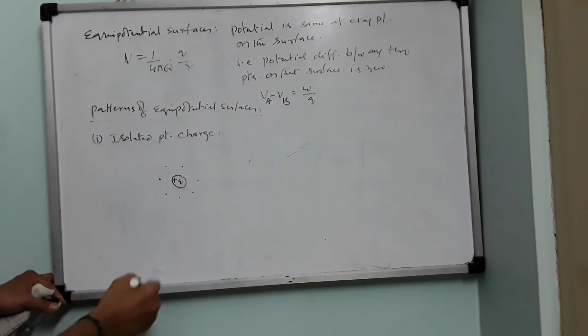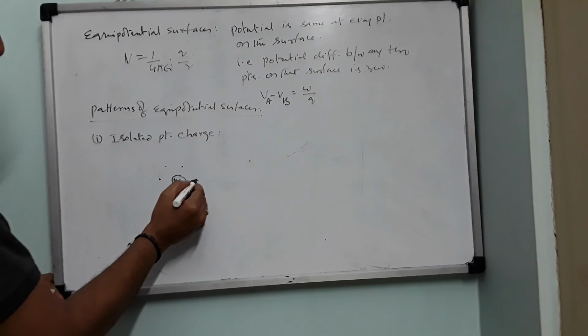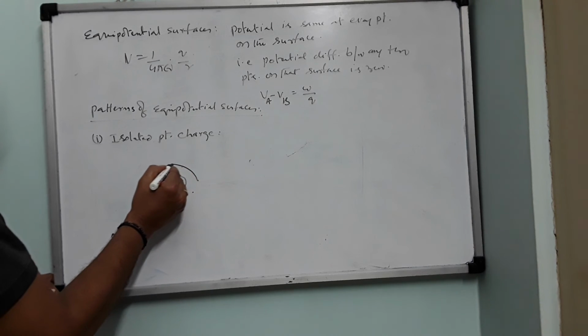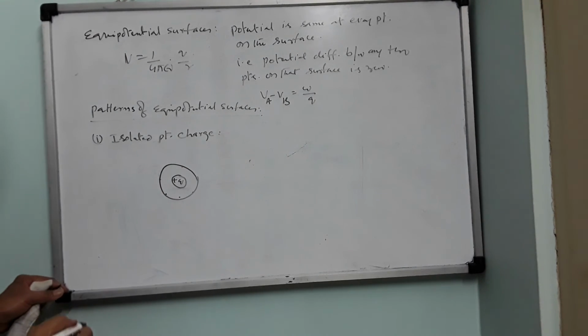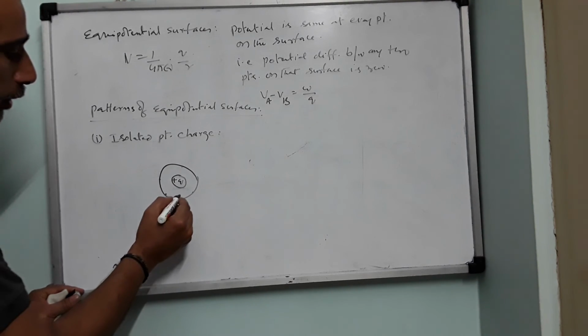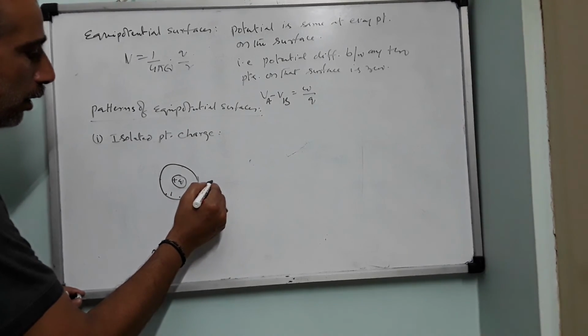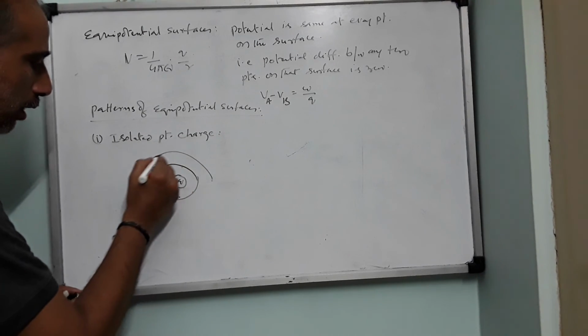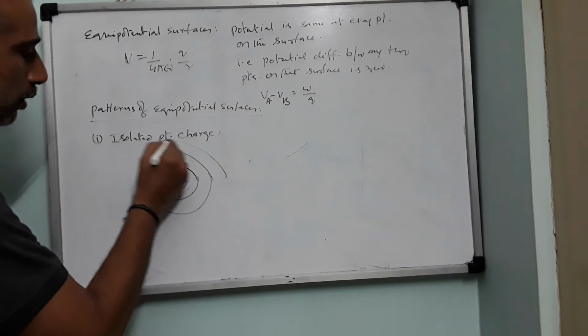All of them are located at the same distance, so every one of them will have the same potential. If I join all these points, I get one equipotential surface. This is surface 1. If I take points at 2 centimeters, I get another equipotential surface, and then another one.